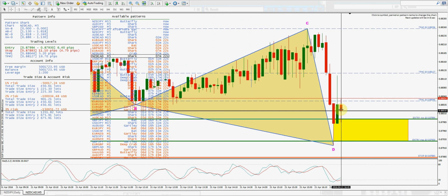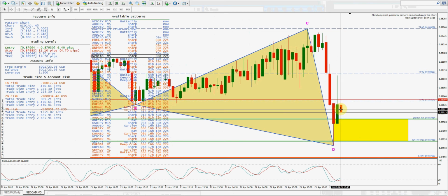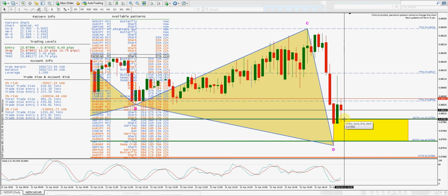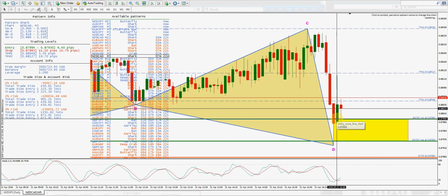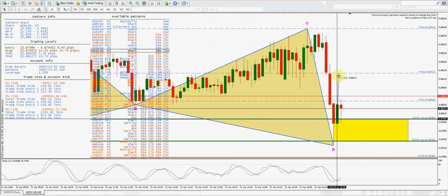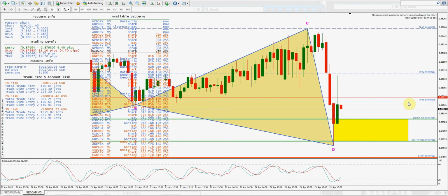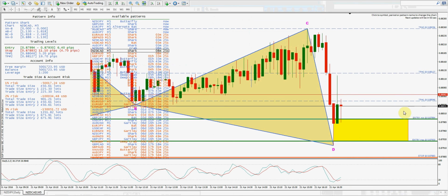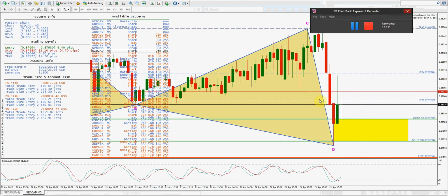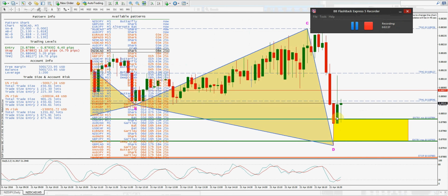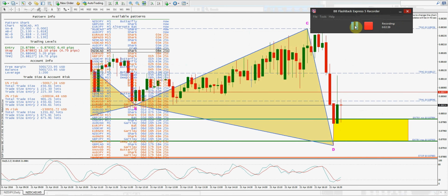Obviously, I want to wait for this bar to close, or you could wait for that bar to close, or you could go ahead and just enter it here at the first entry line. As you can see on this bar, it went to the first and almost to the second profit target. So another good setup with the Harmonic scanner. All right, be back with you guys momentarily.